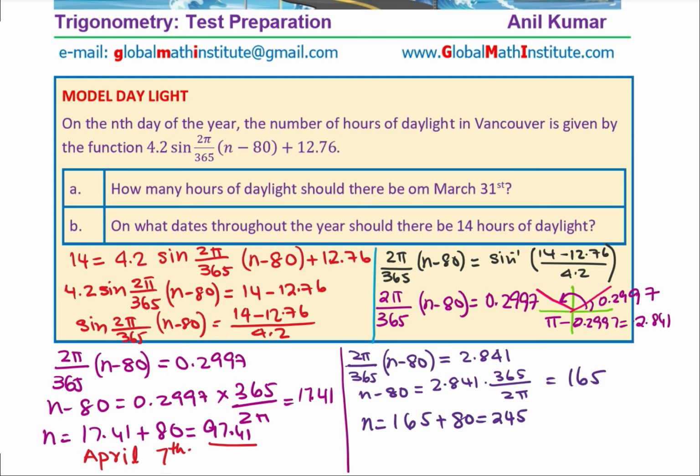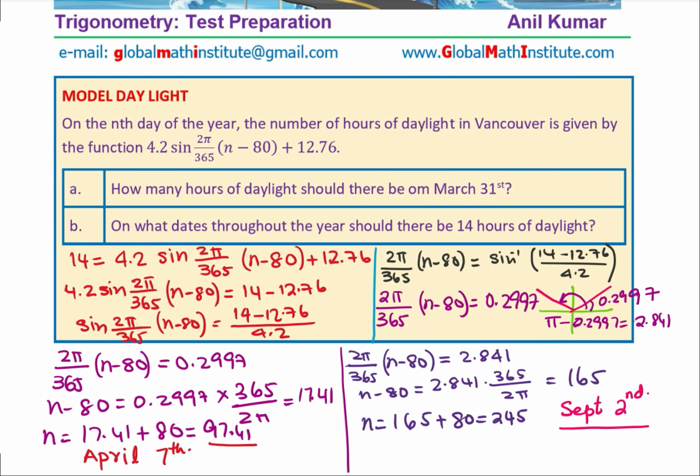So which is the 245th day? That is what you have to calculate now. So do this calculation and figure out which day this is, right? You can go by months. You go 90 days by March, and then April, May, June, keep on adding the days, and then you'll get your answer, which comes to September 2nd.